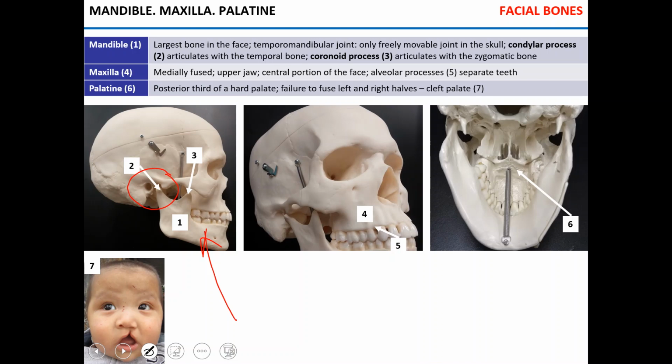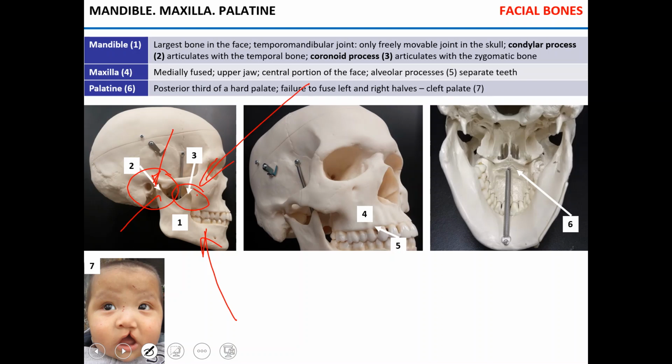So the condylar process of the mandible articulates with the mandibular fossa of the temporal bone, forming the joint. Coronoid process of the mandible articulates with a zygomatic bone, and that is your lower jaw, the mandible.